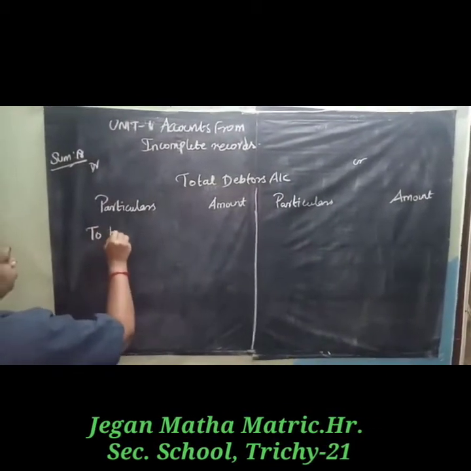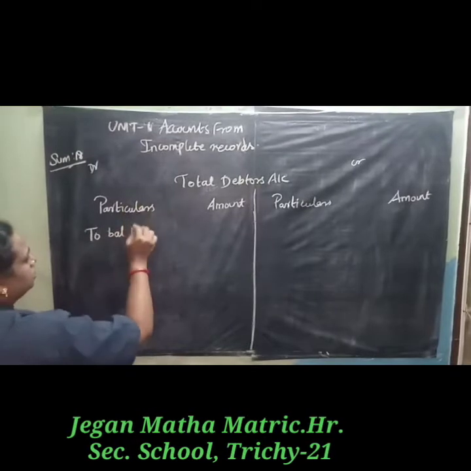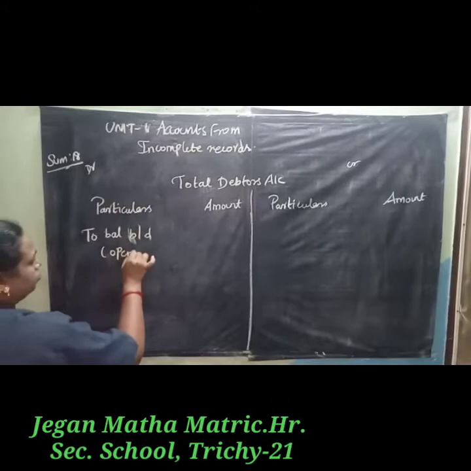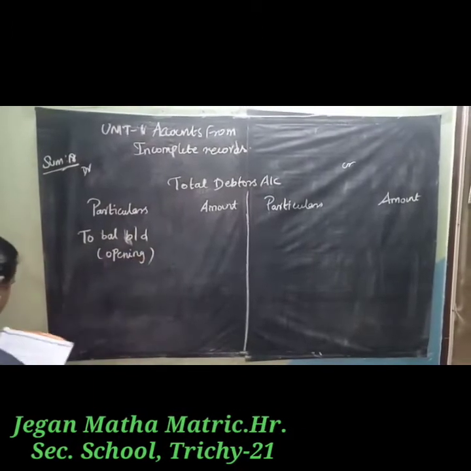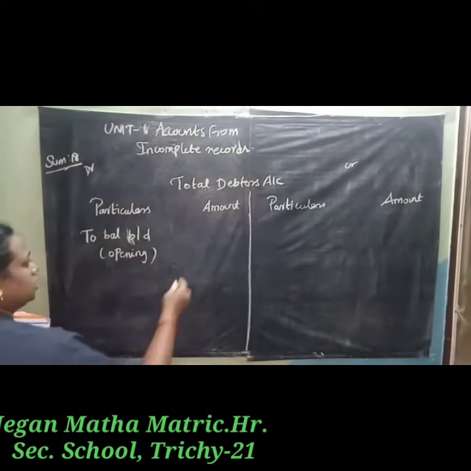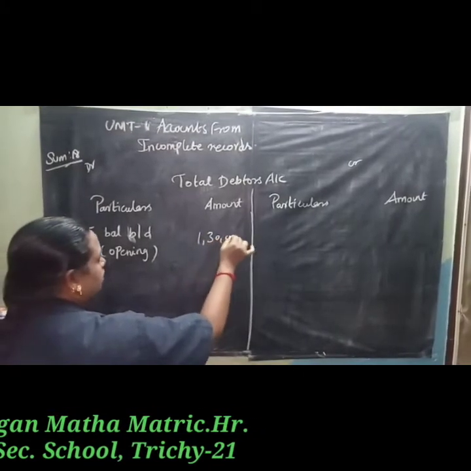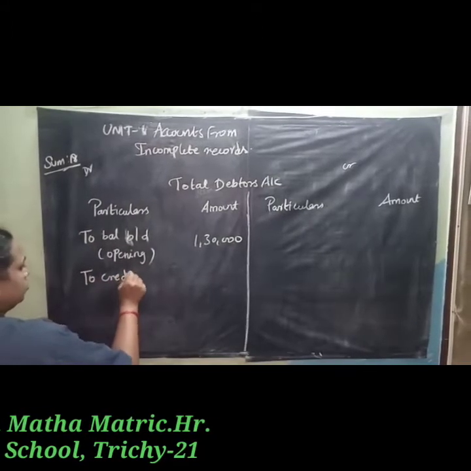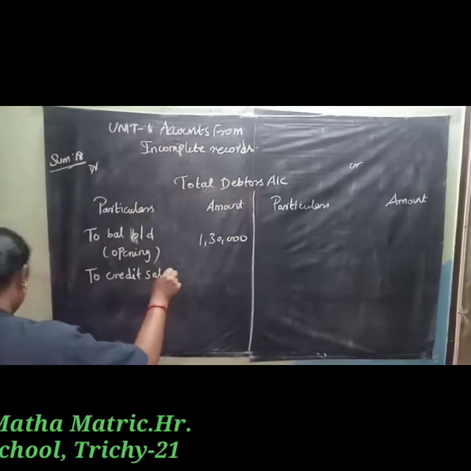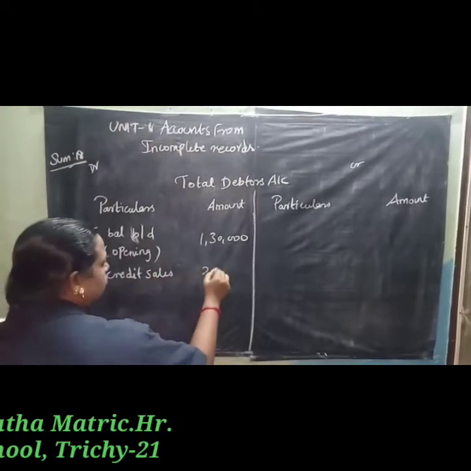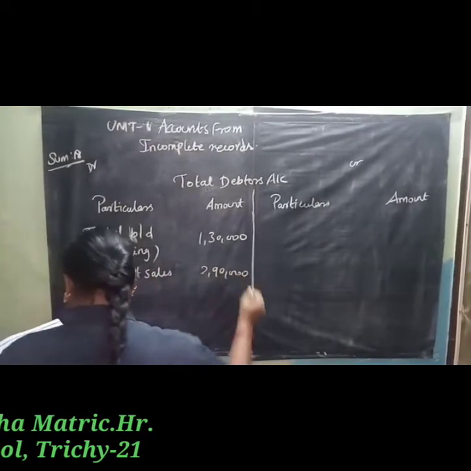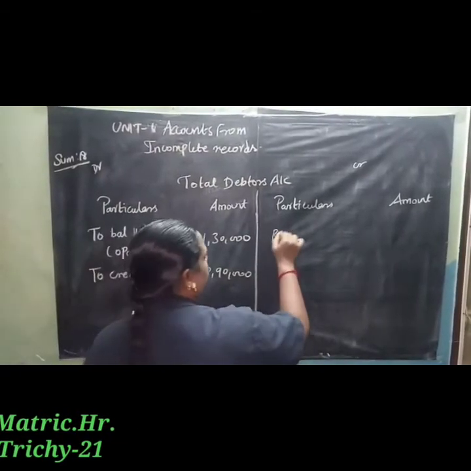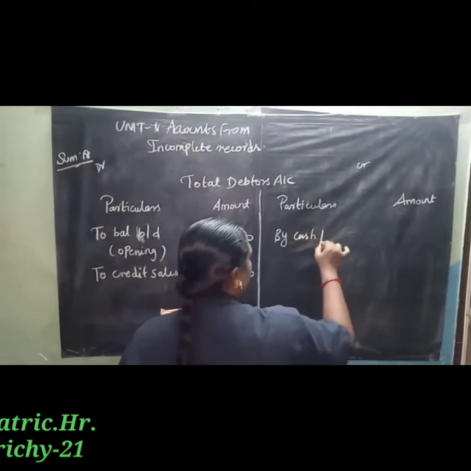The opening balance of debtors is already given, 1,30,000. On the debit side, to credit sales 2,90,000. Then on the credit side, by cash paid by debtors.